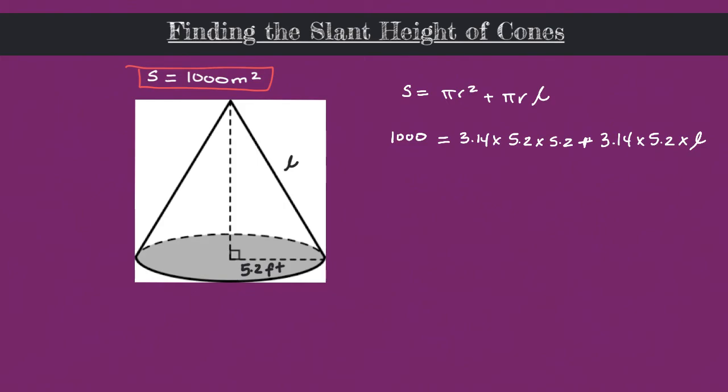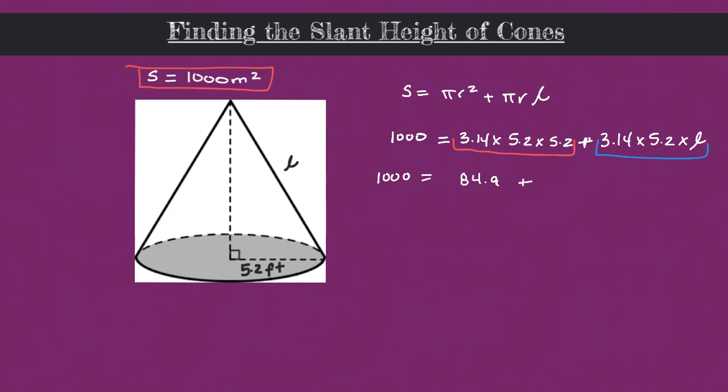So the first thing I'm going to do is simplify this equation to look a little bit cleaner. So we can combine this first part, and we can also do something with this part as well. The left-hand side of our equation remains the same, 1,000, and that's going to be equal to, the first part of our equation, 3.14 times 5.2 times 5.2, is going to become 84.9.